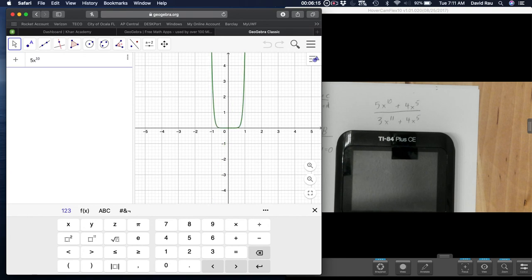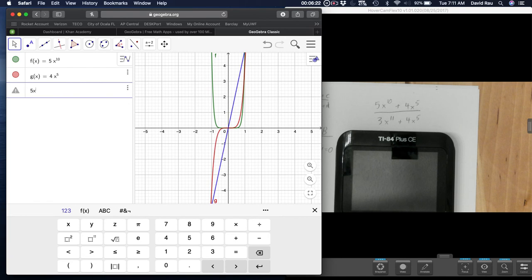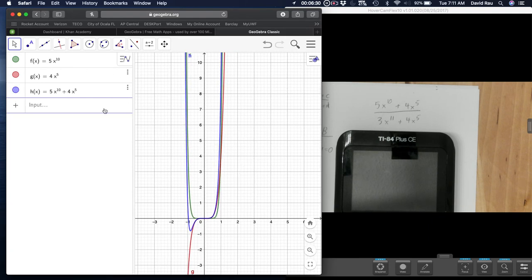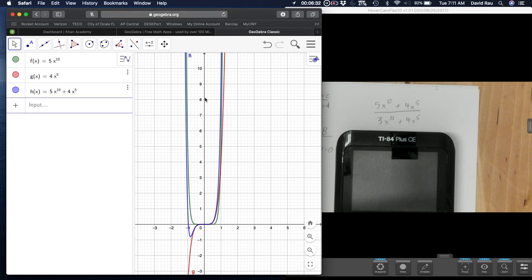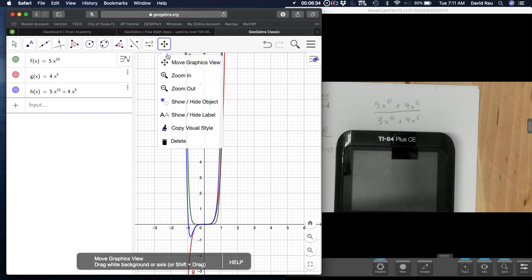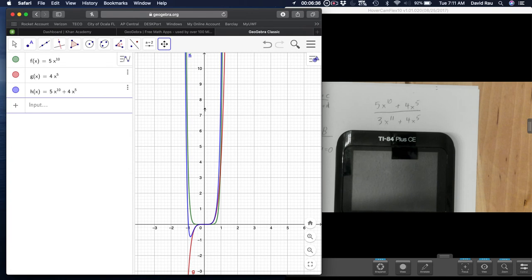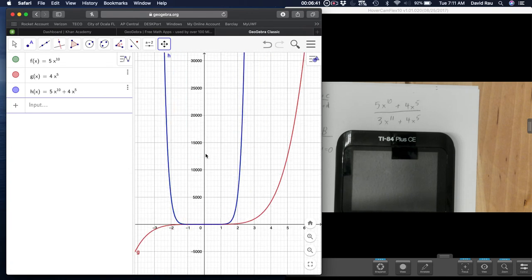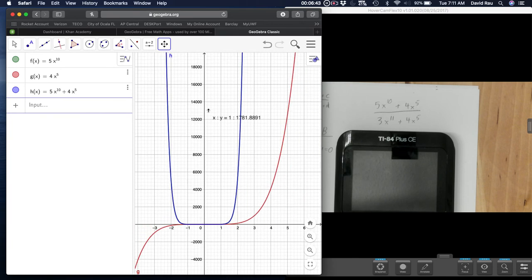Okay, so again, we have just the 5x to the 10th, then we have just the 4x to the 5th, and then we have the 5x to the 10th plus the 4x to the 5th. Now what I'm trying to show you is, it turns out these values are growing really, really quick.